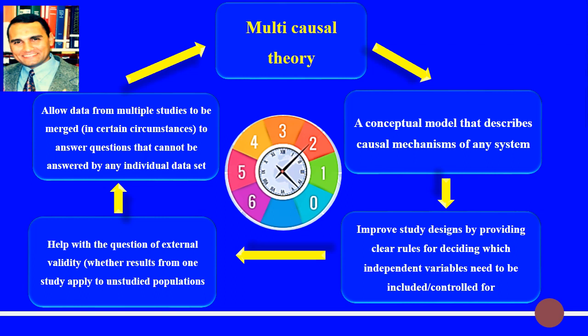Also, April, May, June, July, and August is the time when hematogenous insects are distributed. So, multi-factor and causal theory here leads us to know what's going on.